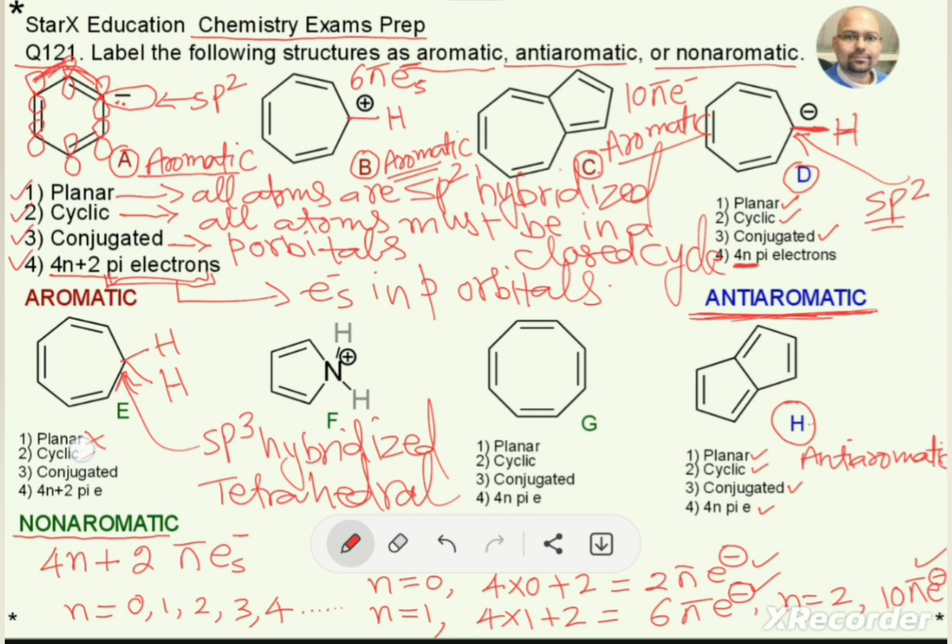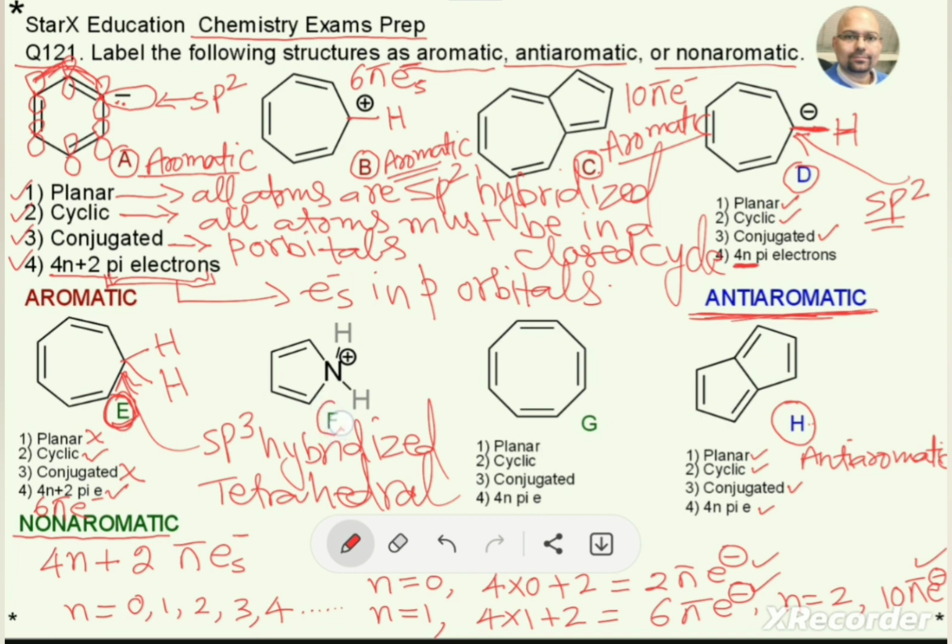It's a cyclic molecule, so cyclic, yes; planar, no; there is no conjugation. It's got 4n plus 2 pi electrons, correct, because it's got 6 pi electrons. Because it is missing the 2 conditions here, it's not planar and there are no p orbitals in conjugation, therefore species E is non-aromatic.